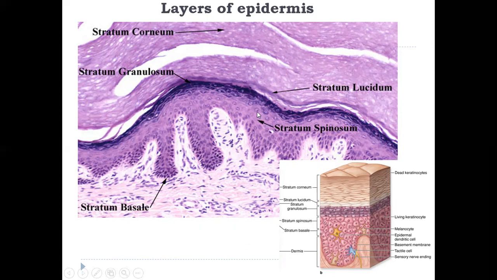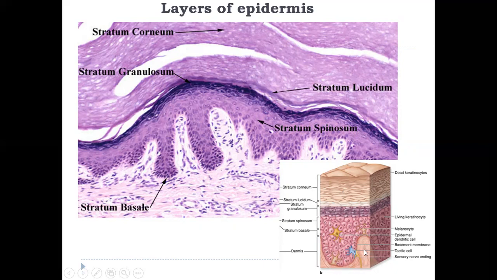So stratum spinosum is here. Stratum granulosum, which are darkly stained cells. Above that, a white area, that is stratum lucidum, and the last one is stratum corneum. Here stratum basale, stratum spinosum, stratum granulosum, stratum lucidum, and stratum corneum.